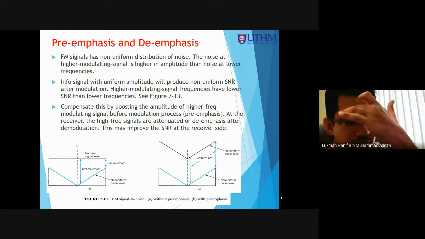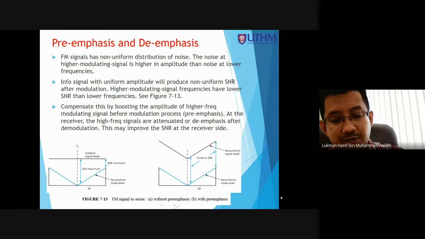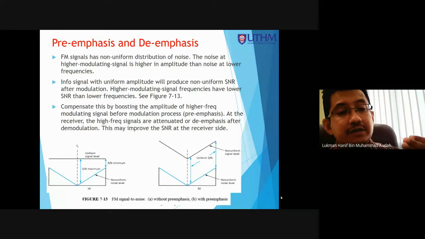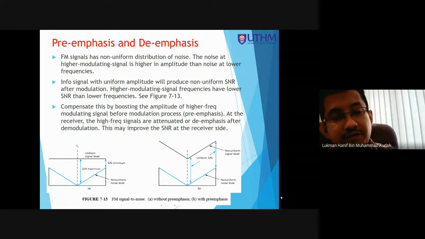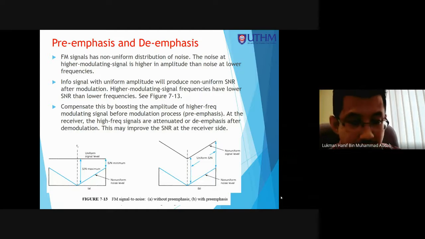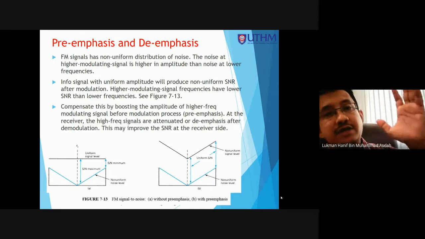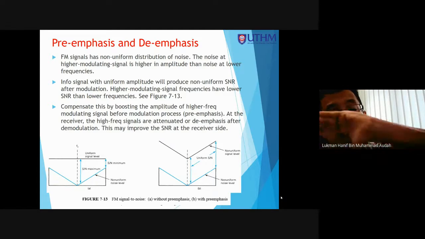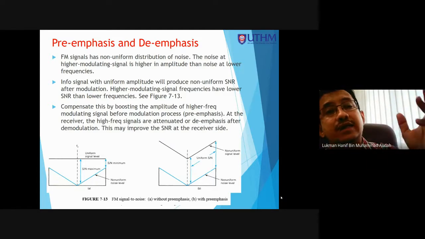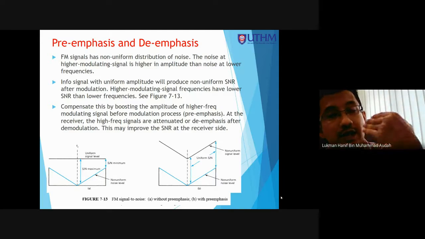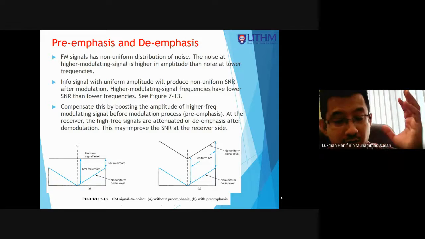Why we need to do pre-emphasis and de-emphasis? Because the noise level is linearly increased with the increment of the modulating signal frequency. Lagi tinggi nilai modulating signal frequency, lagi tinggi nilai noise level. So when the noise level is higher, that means the SNR value will be lower during the high input modulating frequency.